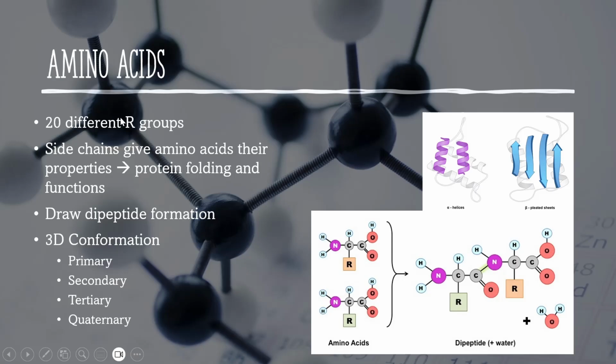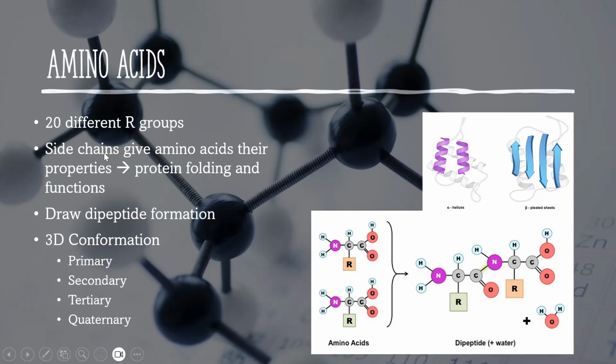So these different R groups, or side chains, give the amino acids their properties. So you have polar side chains, non-polar side chains, acidic side chains, non-acidic side chains. You have some side chains that have sulfur, which is a really important property for biological molecules.